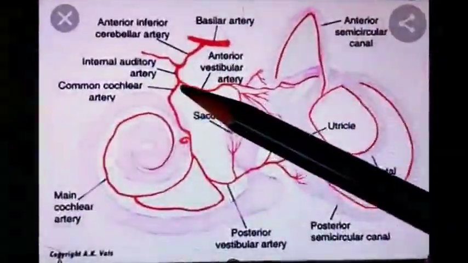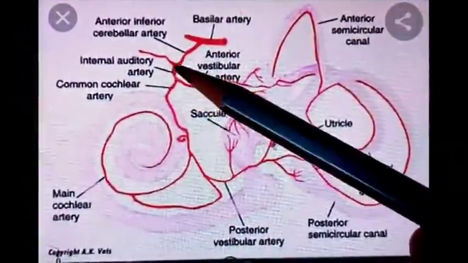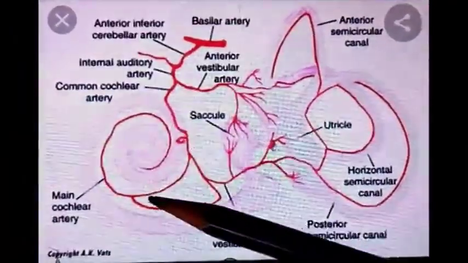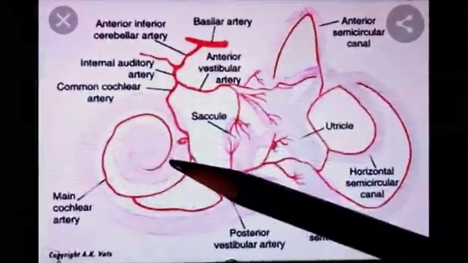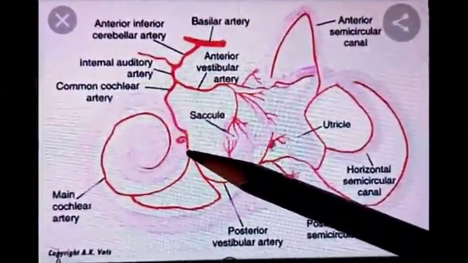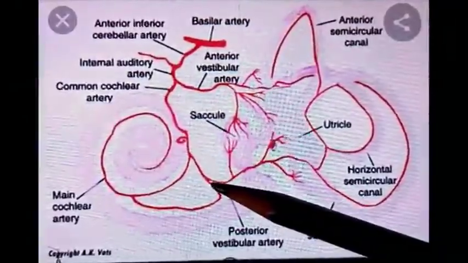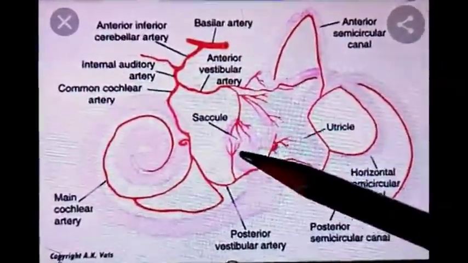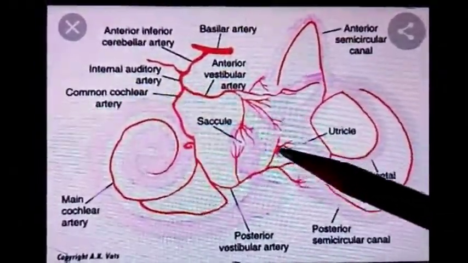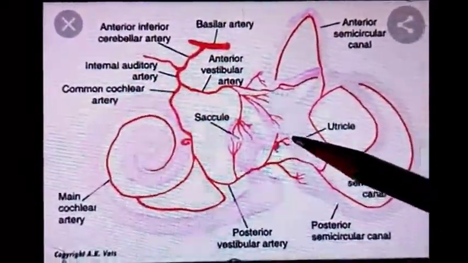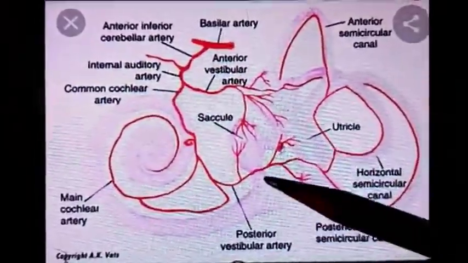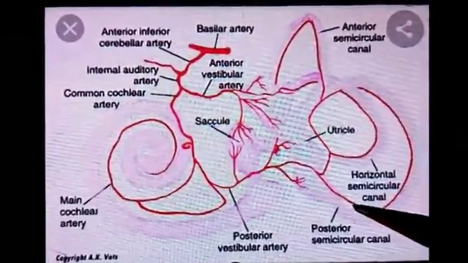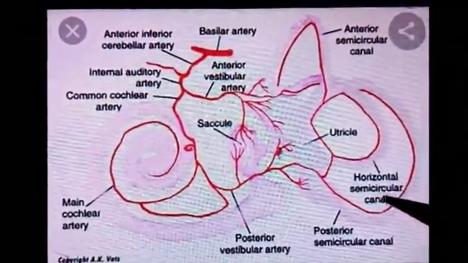One branch of this internal auditory artery or labyrinthine artery is known as common cochlear artery, which supplies the cochlea, and further it gives a branch that is known as posterior vestibular artery, which supplies the saccule, posterior aspect of saccule, and posterior aspect of utricle, which is present here, and further proceeds to give branches to the semicircular canal.